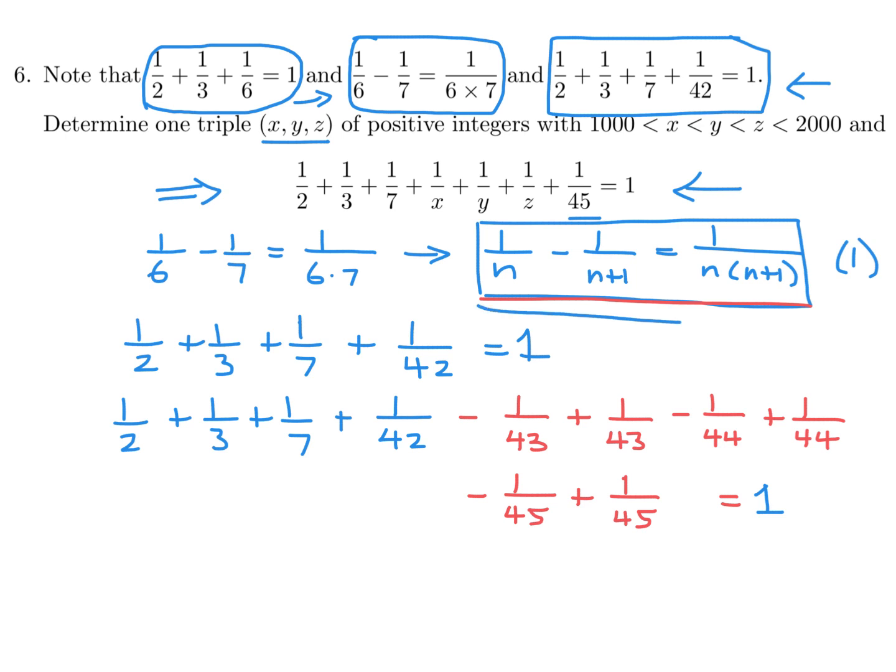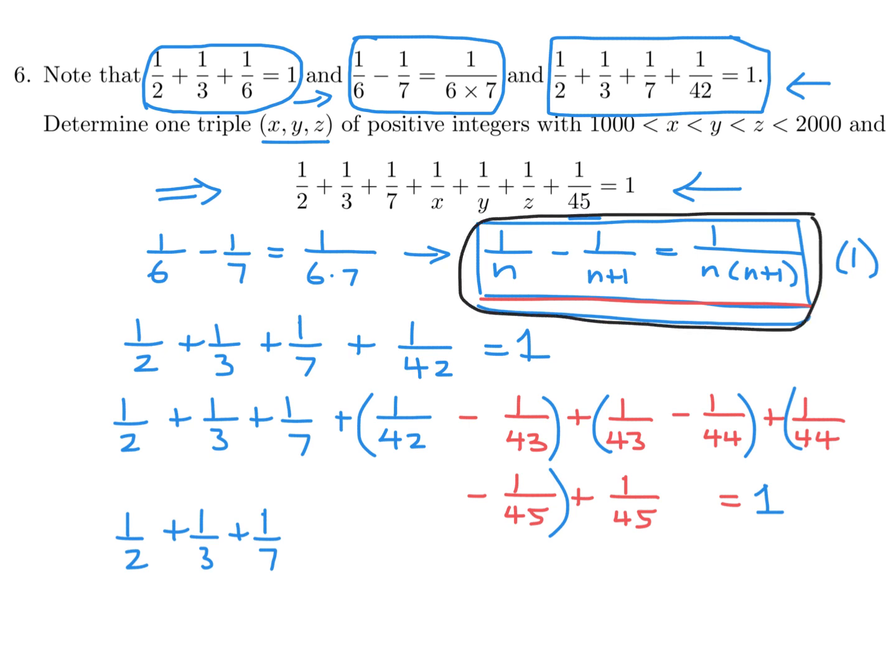Now, this is finally where we get to use that fancy algebra. If you notice, these guys can be grouped together, that guy and that guy. When you do that, it makes a situation where you can now utilize this rule that they hinted at with this guy up here. So 1 over n minus 1 over n plus 1 is equal to 1 over n times n plus 1.